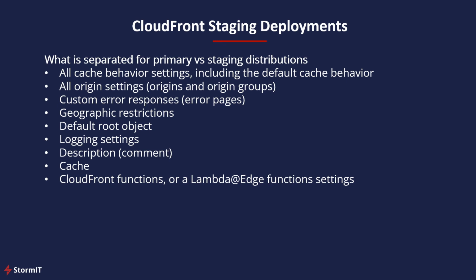You can change logging settings, so you will get two logs, one for your staging distribution and one for your current distribution. You can change the description, and actually the cache which is in your old CloudFront distribution is not in the staging distribution, so also the caching of CloudFront. And you can also test with CloudFront functions and also Lambda@Edge functions.